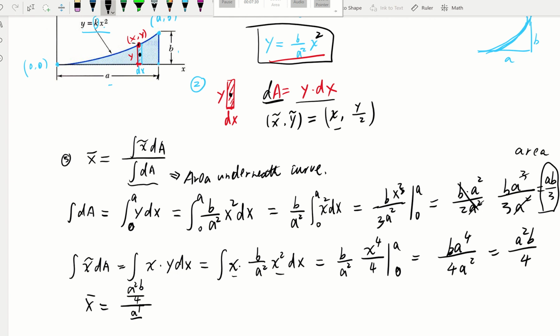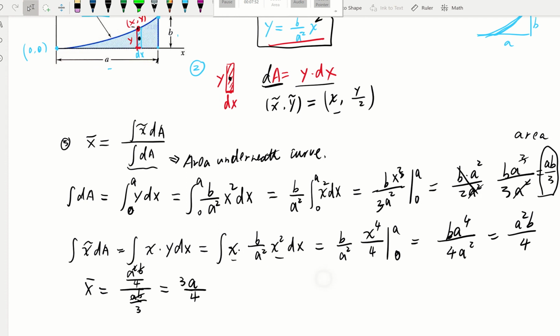It's ab over 3. Then ab canceled out, so the only thing left is a. So we'll have 3a over 4. That's our x bar, okay? So we find our x bar.